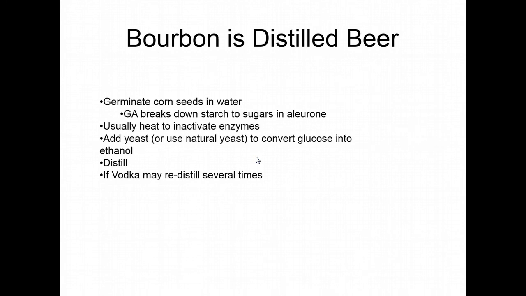Mostly what you'll see people do is take those bags of corn and soak them in water, or heated water, hot water, and the water then breaks the starch down to glucose, which is what the yeast needs to make alcohol.